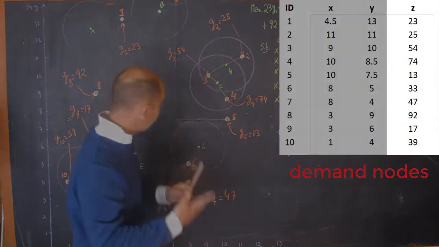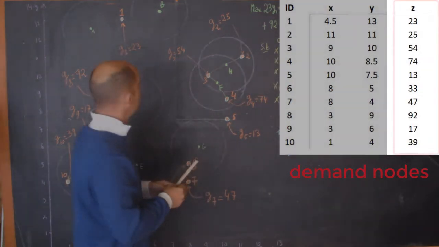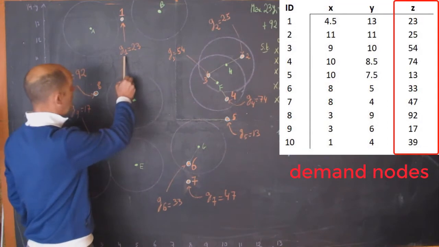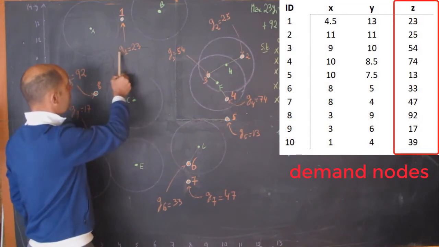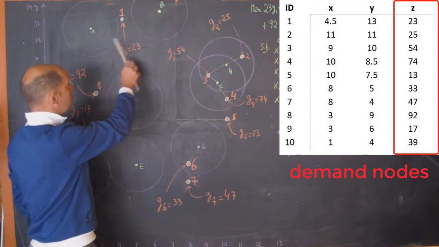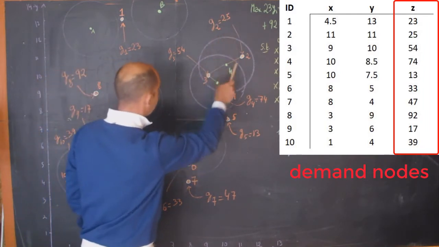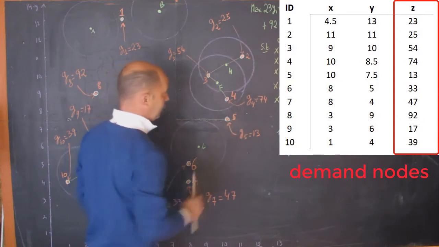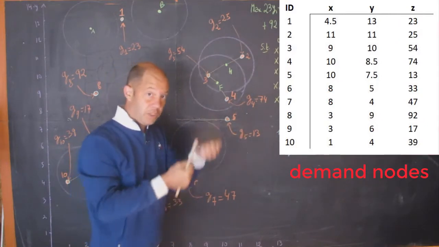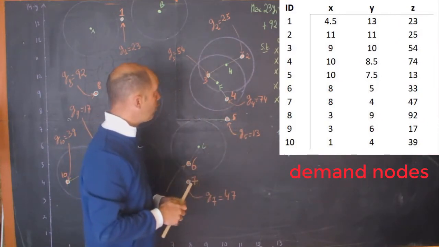And that value, that weight, if you want, is J sub I, and for the first one, that would be J sub 1, and that's equal to 23. For the second one, that's 25, for the third one, it's 54, and so on and so forth. And so we can see which demand nodes are more important than others.